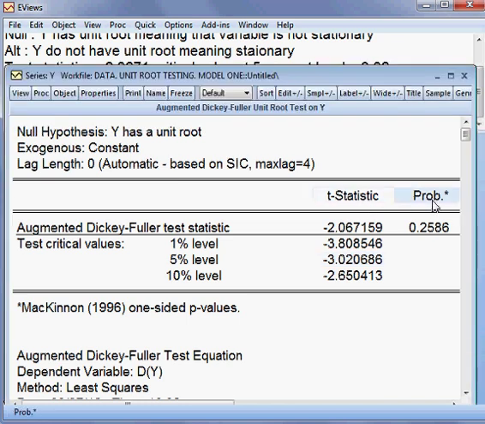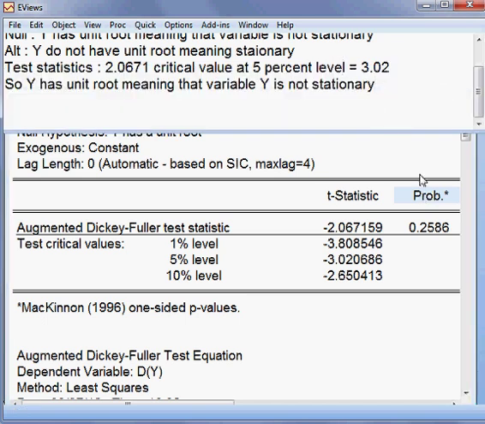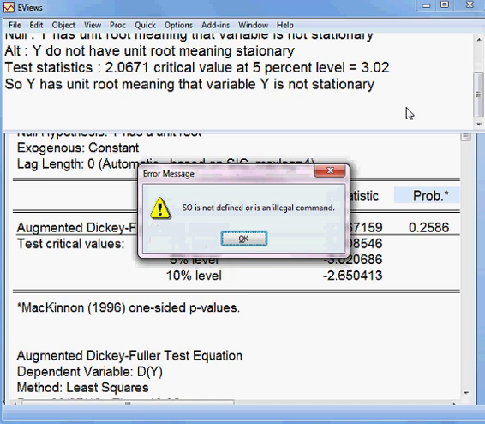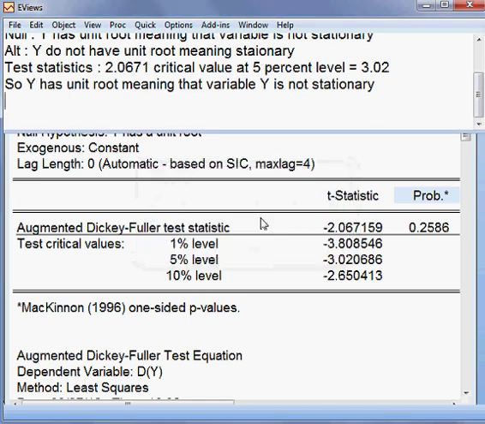Also here is the probability, which means the p-value.